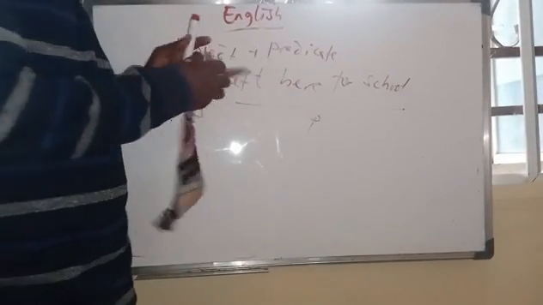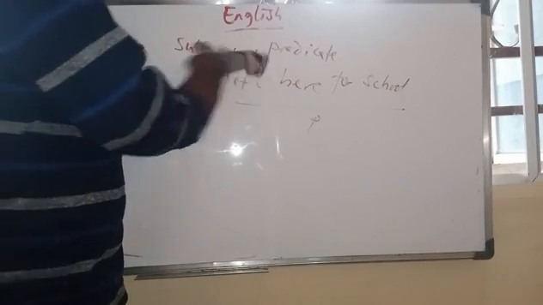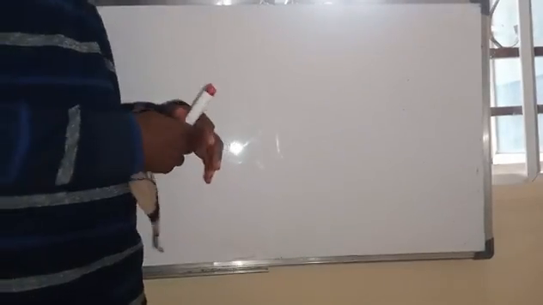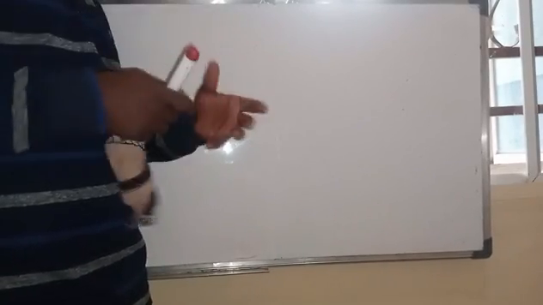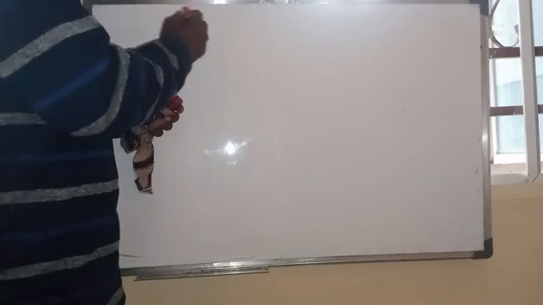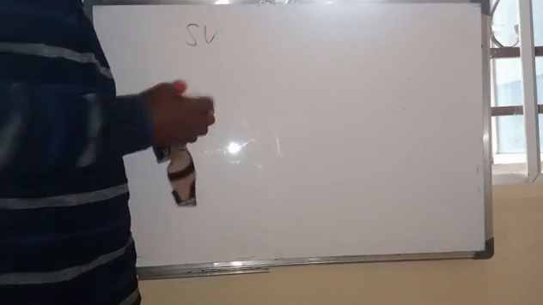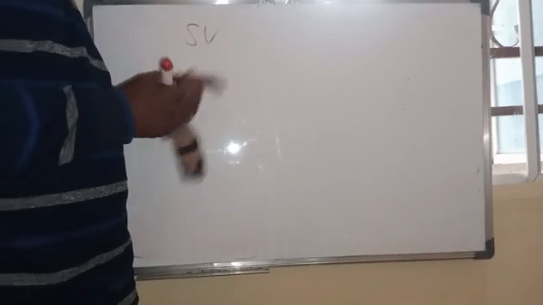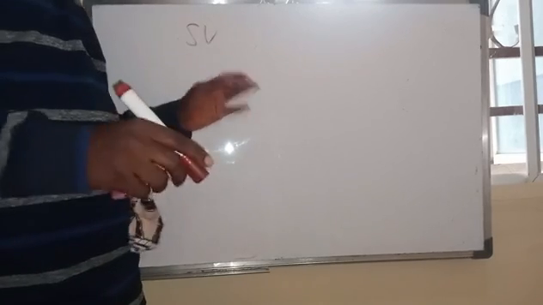So when we are talking about Concord, we are talking about the agreement that must exist between or among the components of a sentence. They have to agree. You have subject-verb agreement, preposition-verb agreement, and so on and so forth. Such agreement that must exist between the subject and the verb or any other component of the sentence is what we call concord.